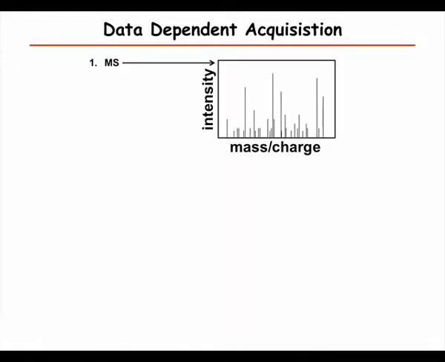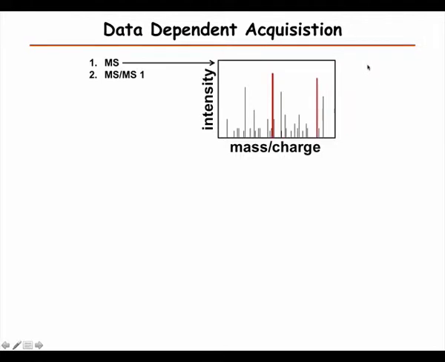So probably the most popular way to do this is data-dependent acquisition. Here you say, I don't know what's there, I just want to see what's there. So you take a survey scan, and you tell the mass spectrometer to quickly analyze the spectrum and find peaks, and then start fragmenting them, for example starting with the most intense here.